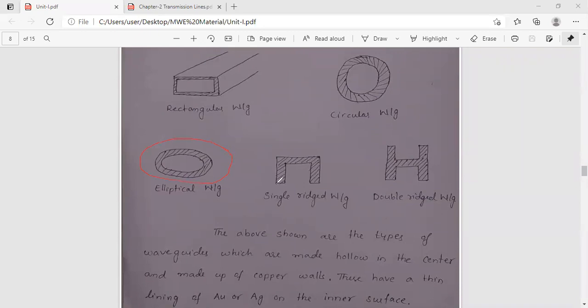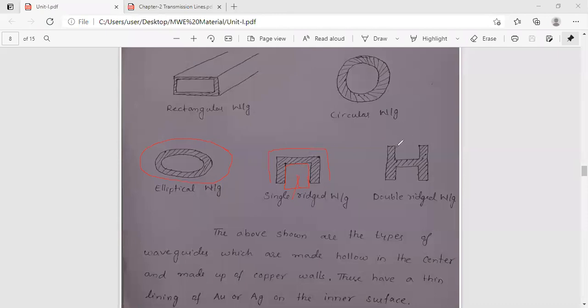And here, single ridged means the shape of the waveguide will be like this, with a hollow inside it, where the wave will propagate in the space provided, and it is called single ridged. Only one side is closed here.